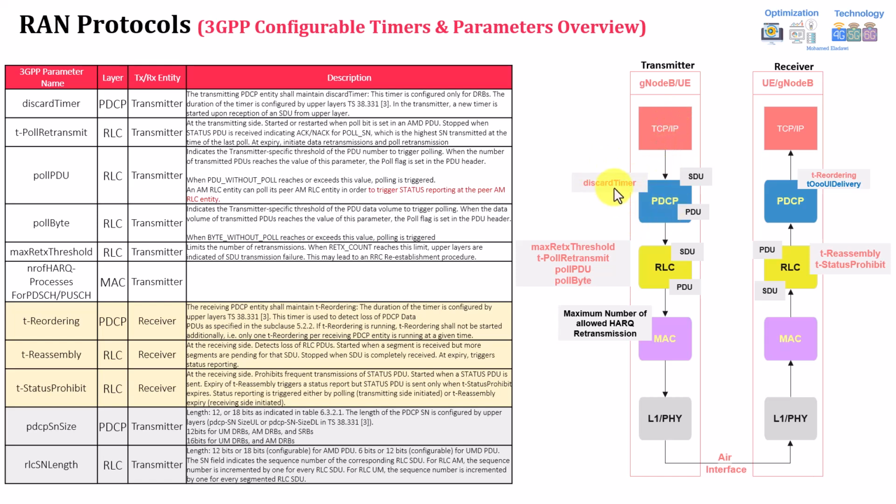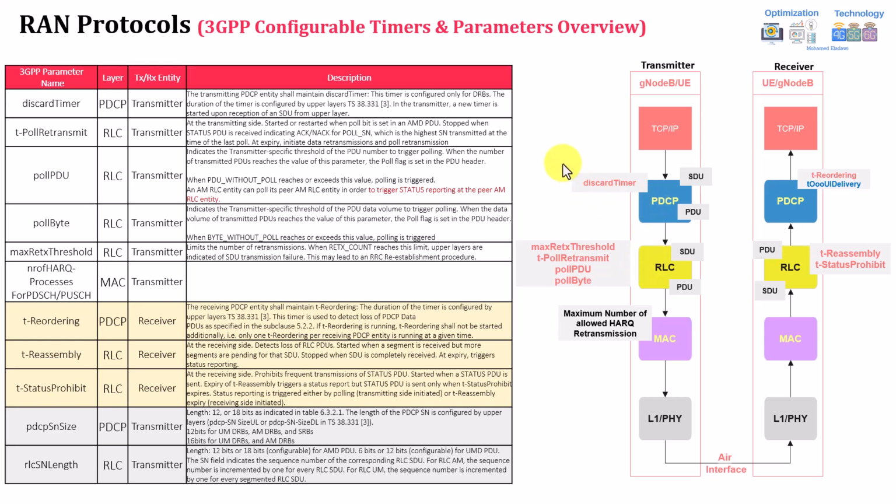Increasing or decreasing this timer can increase or reduce the delay, but in the opposite way it can also give less or more packet loss. This will be explained in detail in the next slides, in the PDCP part, to see what relations and considerations you need to check whenever you do this kind of tuning. Then you have the RLC.